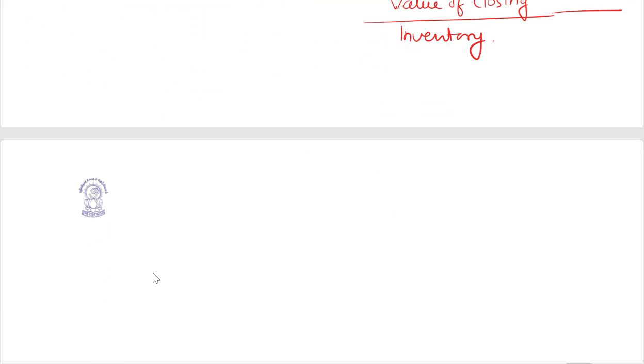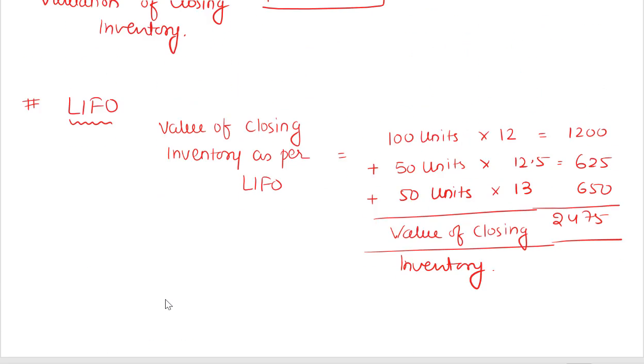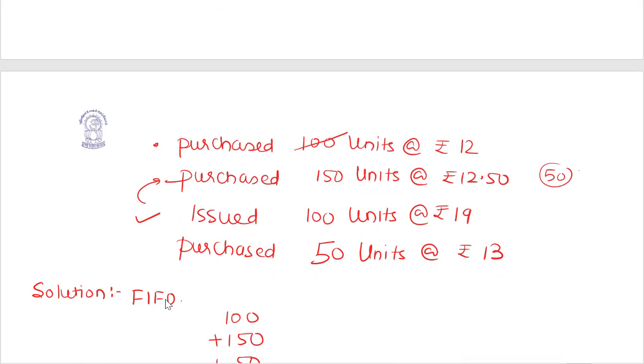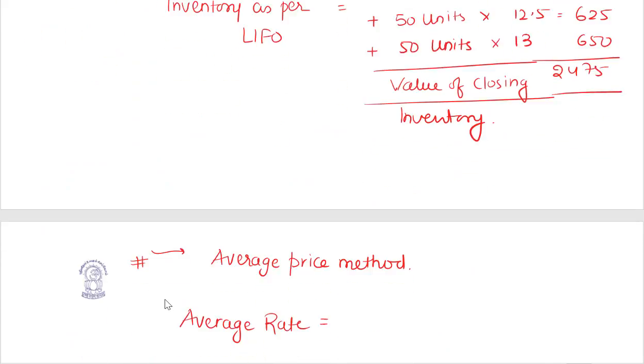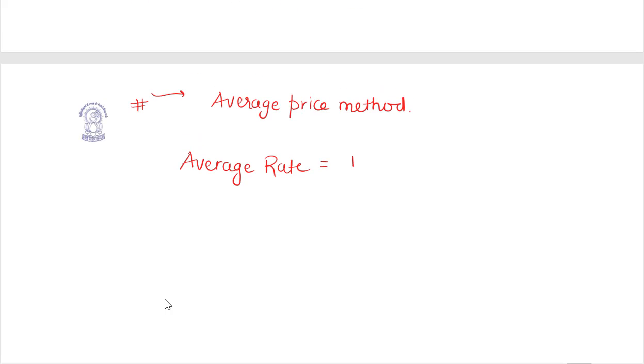Let us continue and do the same question by average price method. For the average price method, we should calculate the average rate first. So let us check the rates: 12, 12.5 and 13. 12 plus 12.5 plus 13 divided by 3.